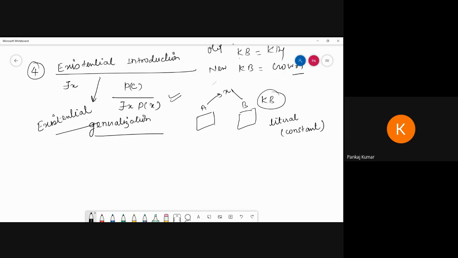We can use anything, like psi 1 and psi 2, and try to make them equal, and on that basis we can define the different things. Okay, so this is the way we have to represent the unification.